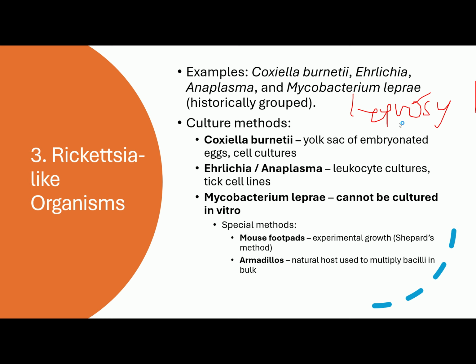For Ehrlichia and Anaplasma, it uses leukocyte culture and tick cell lines. For Mycobacterium leprae, it would grow on mouse foot pads, so sa paa ng mga mice, class, and armadillos, wherein it is the natural host used to multiply bacilli in bulk.